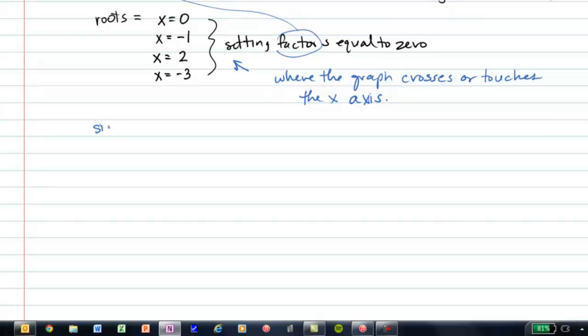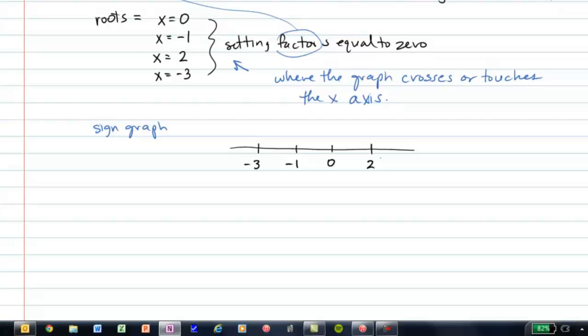So a sine graph is basically a number line, and on our number line we put the roots. Okay, so we've got -3, -1, 0, and 2. Because what we're mostly interested in is the space in between those.